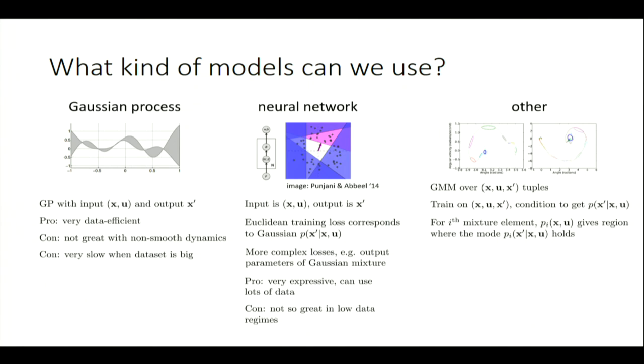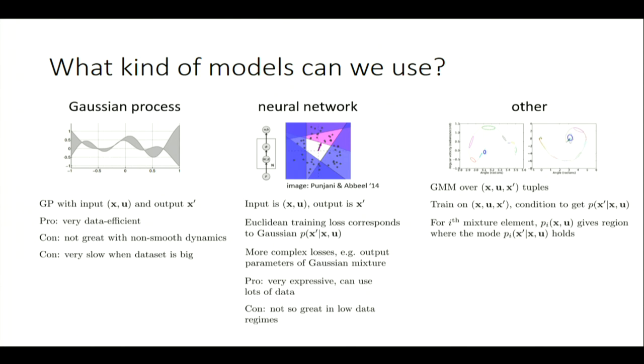In such a Gaussian mixture model, for the ith mixture element, the p of x comma u of that element basically tells you the region in which this mode is active. And when you condition a Gaussian, what you get is a linear Gaussian. So the next state becomes a linear function of the current state and action. You can think of this Gaussian mixture model as decomposing the space into a set of linear modes, where p of x comma u tells you the region in which that mode is active, and p of x prime given x comma u tells you which mode it is, which is quite nice.